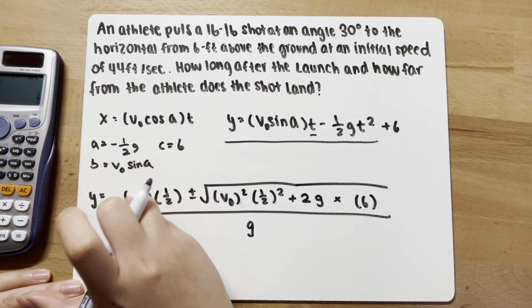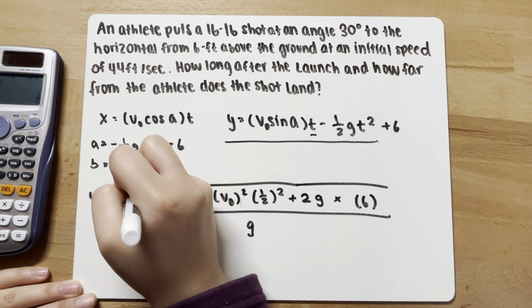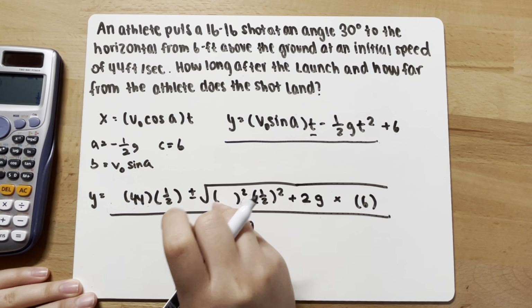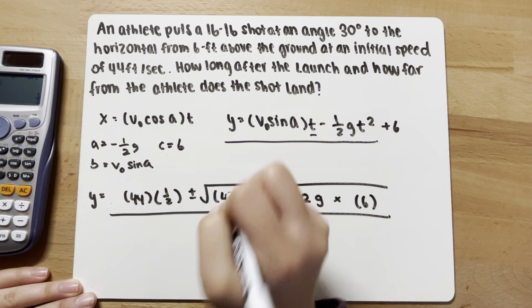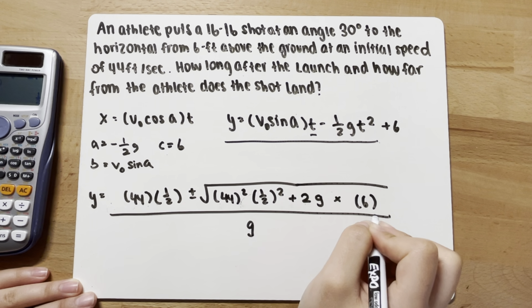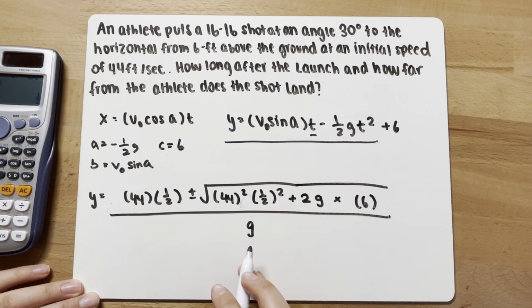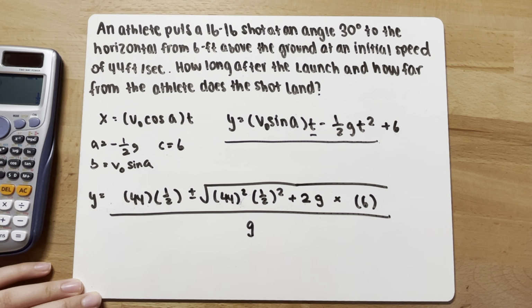Anytime we see initial velocity, we write 44. 44 here, 44 here. And then, okay, that's it for initial velocity. Anytime we see g, we write 32 because the acceleration due to gravity is 32 feet per second squared.